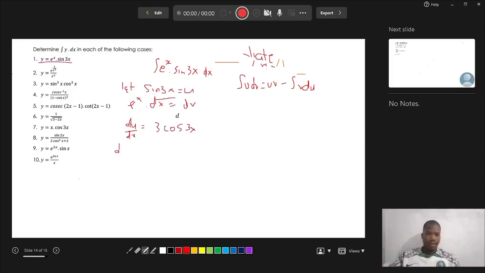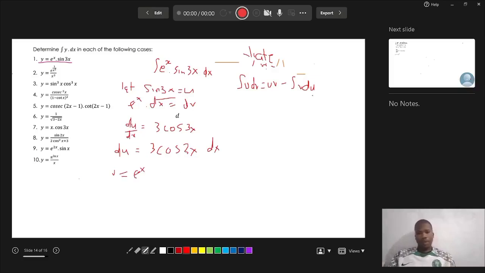Then you say that du is equal to 3 cos 3x dx, right? Then we also have to determine the value of v, which is integrating. Then you say v is equal to e to the power x.